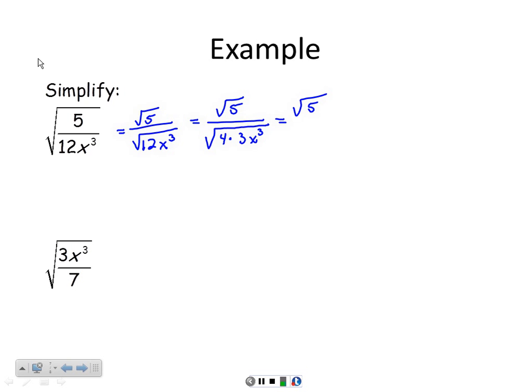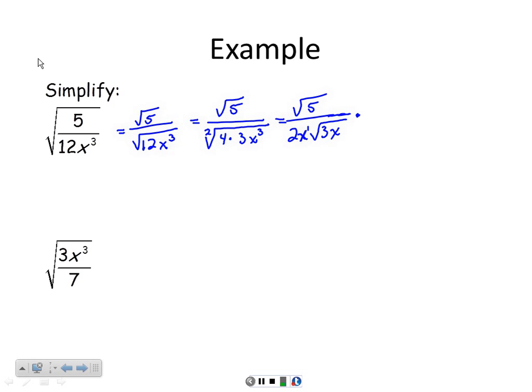So we have the square root of 5 over the square root of 4 is 2. Can't do anything with that 3, but x to the third, you can bring out an x. Remember, the index is 2, so 2 will go into 3 one time, so we'll bring 1x out, and there's 1 left over. So now we've taken care of the fraction underneath the radical, but now we've got to get this square root of 3x out from the denominator.